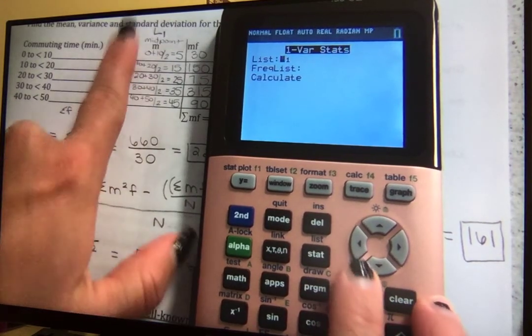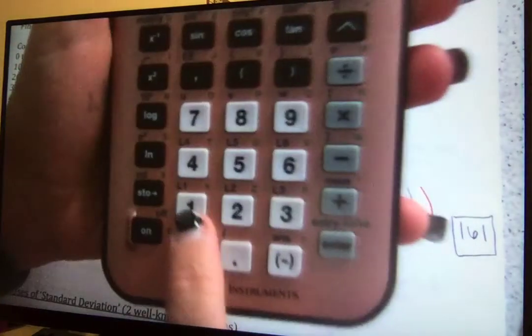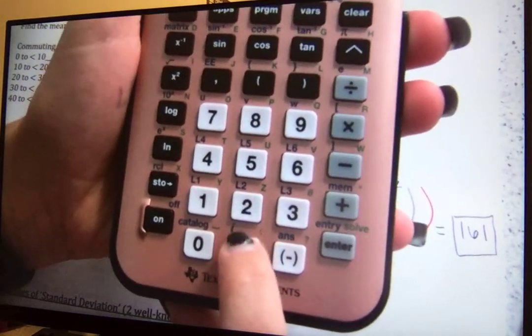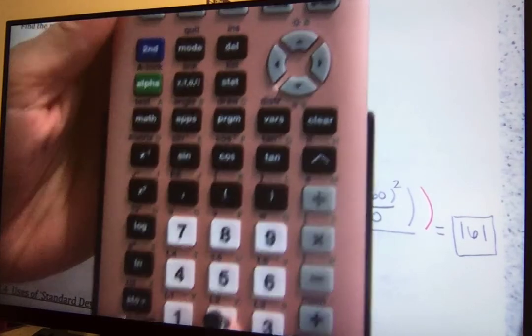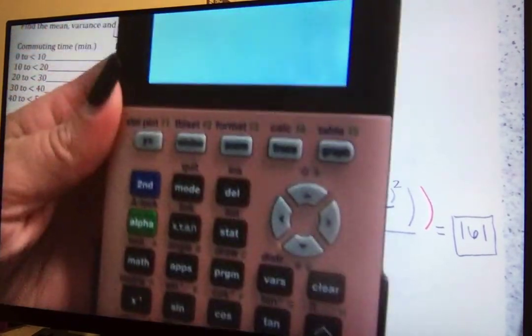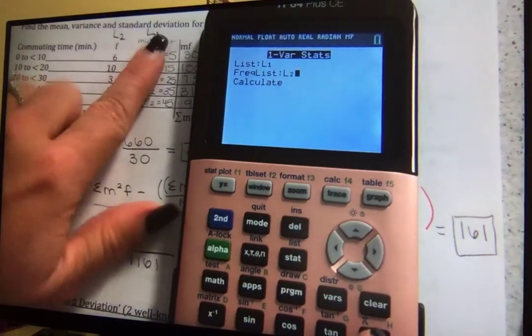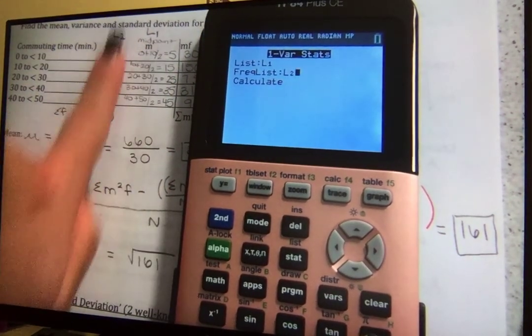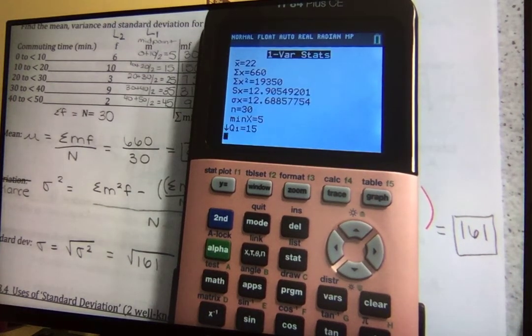My frequency was L2, so I want to put in L2. If you need to put in L1 or L2, it's above number 2 in blue. So I hit my second blue button and then number 2, and it'll give me list 2. So my list was L1, my frequency was L2. Going down, pressing calculate, pressing enter.